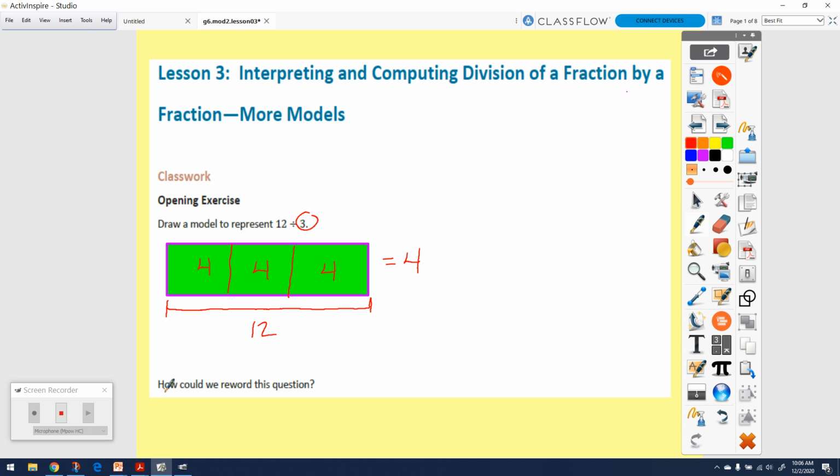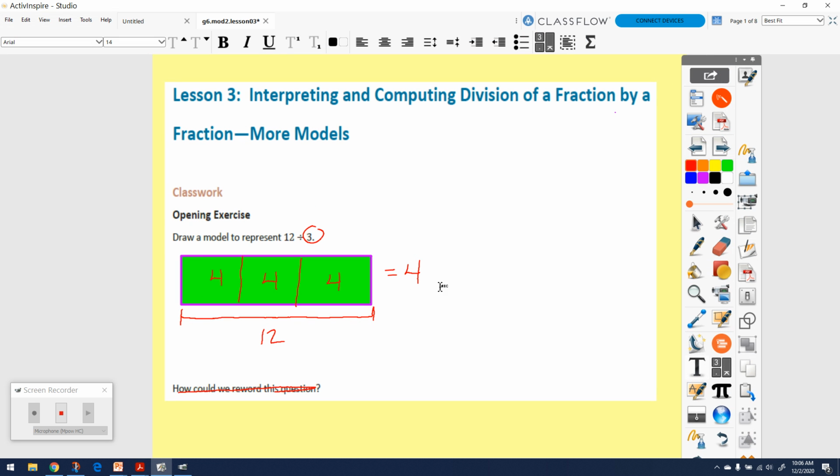Now, we need to come up with a word problem, it says, that represents this. So writing our word problem, I can say I have 12 gifts for my 3 kids.